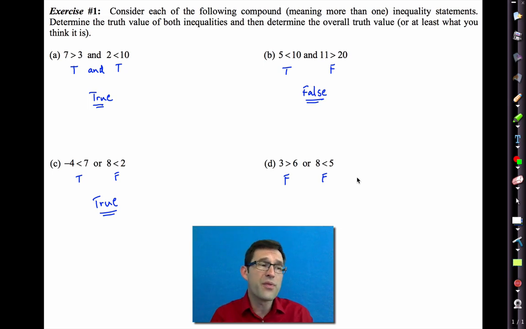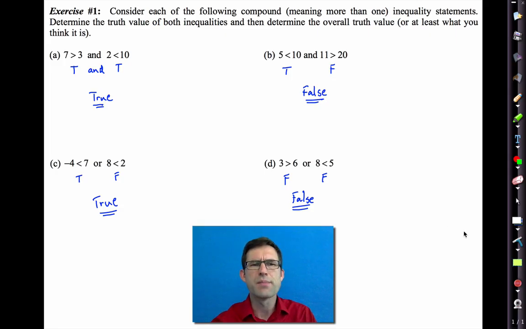I mean, if I say, hey, look, I'm this or I'm this, and both of them are not true, then you would say, no, you're lying. That's false. All right? So far, I think just our intuition about how the words and and or are used leads us to get the right, true, and false nature of these inequalities.